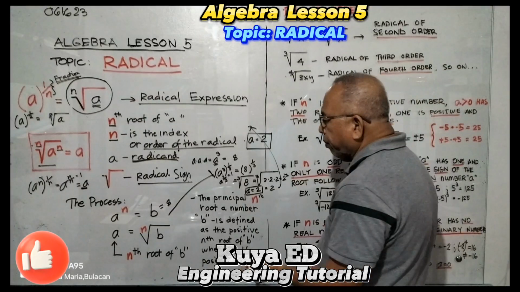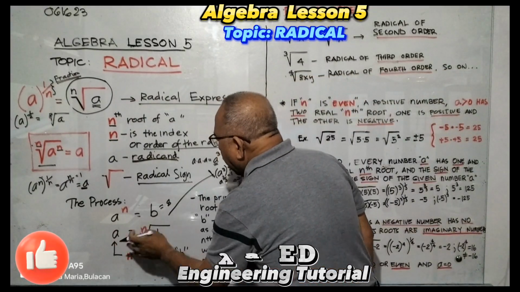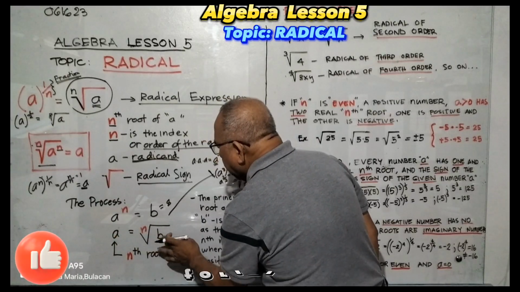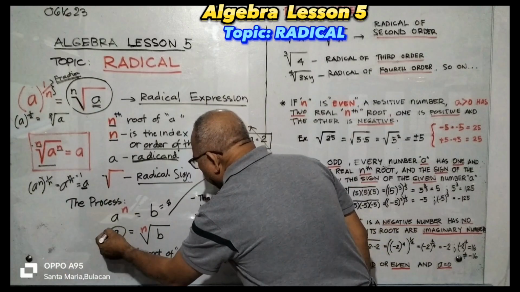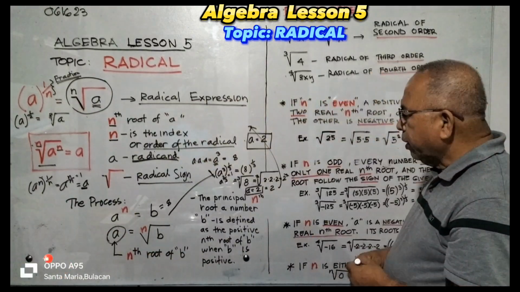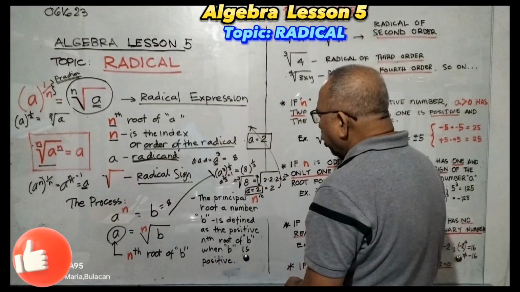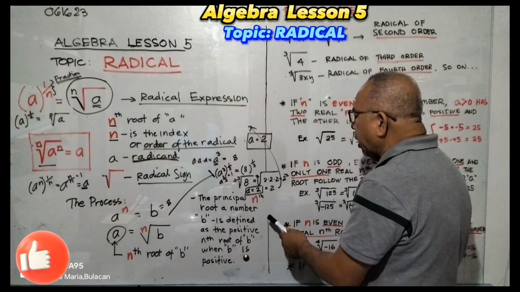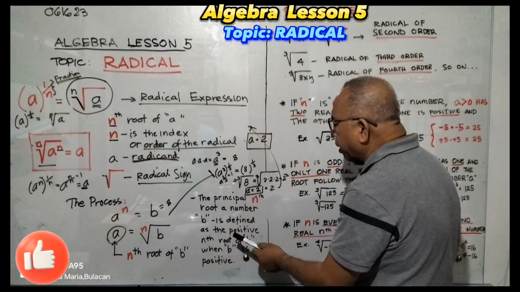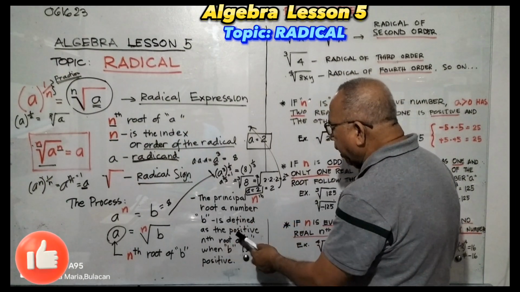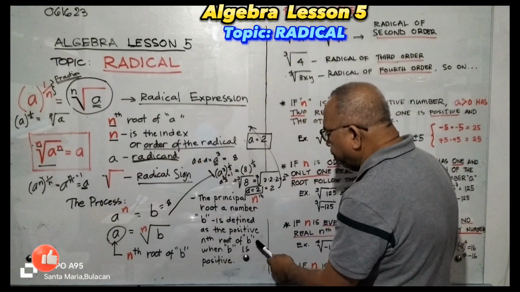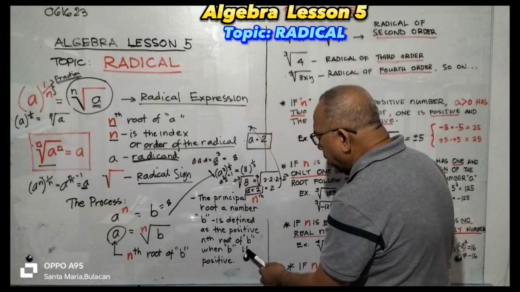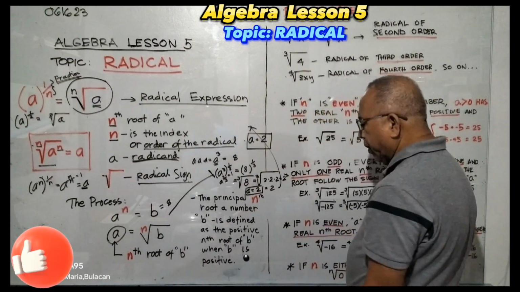So, therefore, A to the N, so ito yun, i-convert natin siya ganito, so that we can get the value of A. So, may note tayo dito, the principal nth root of a number B is defined as the positive nth root of B when B is positive.